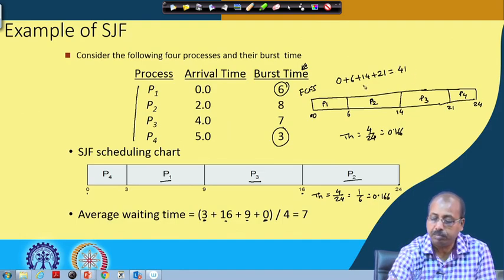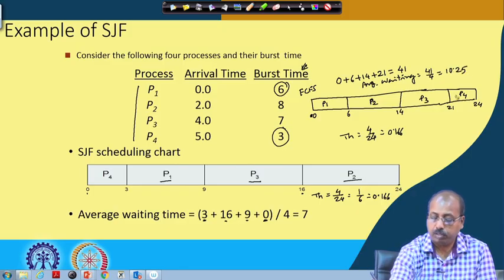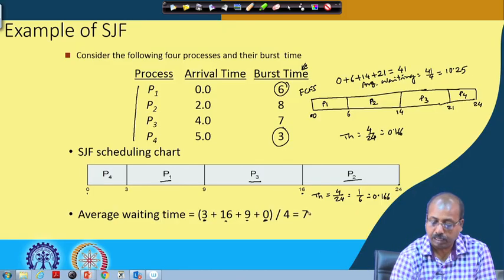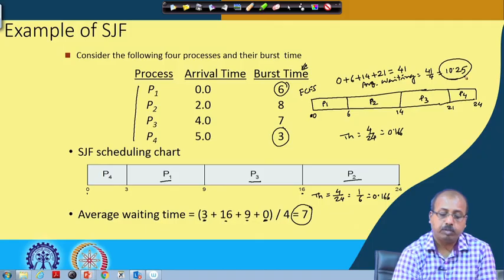So, the average waiting time is 41 divided by 4, that is 10.25. So, you see that the average waiting time for the SJF policy was equal to 7, and for the FCFS policy it is 10.25.